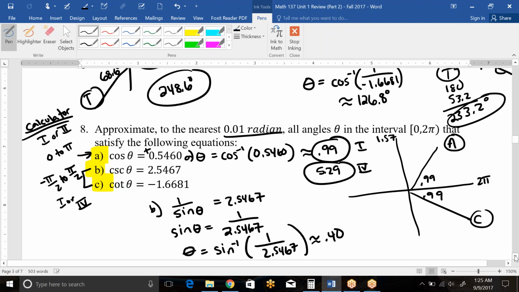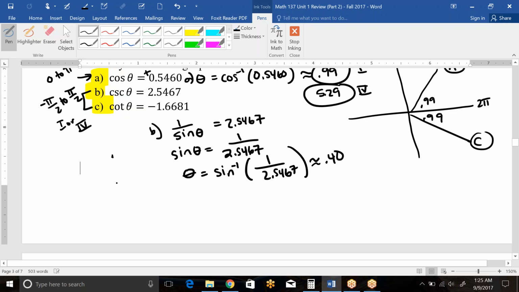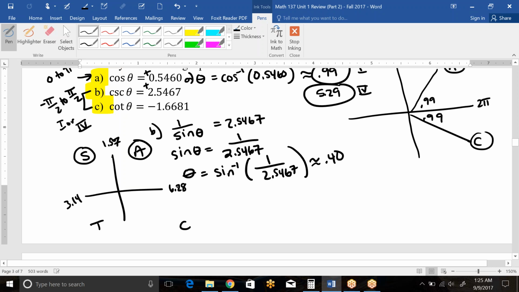Okay, so we need to think about, are we in the right locations for this? So sine and cosecant, this is positive as well. They are positive in quad 1 and quad 2. All science teachers are crazy. So the 0.40, since we said this was 1.57 right here, and remember this is 3.14 and 6.28 over here. That's radians as decimals. That kind of helps.